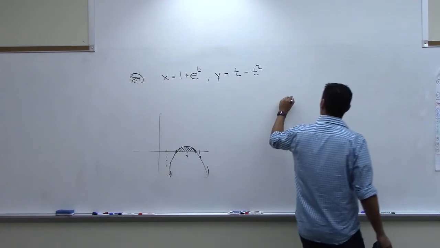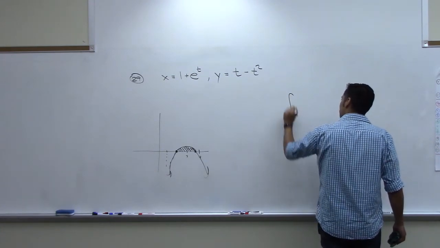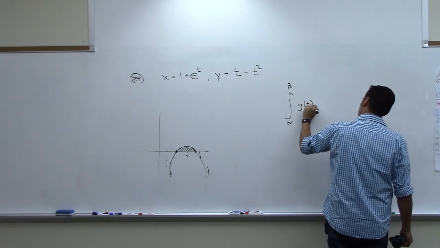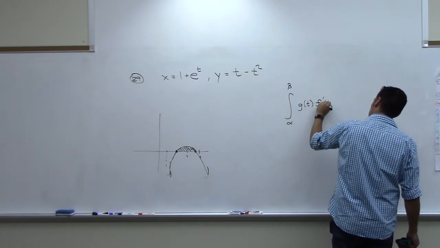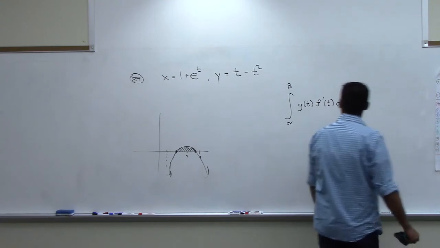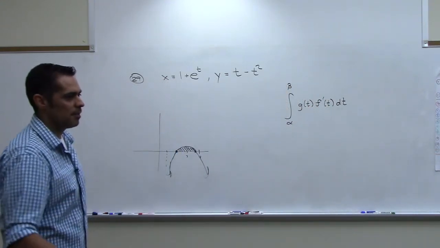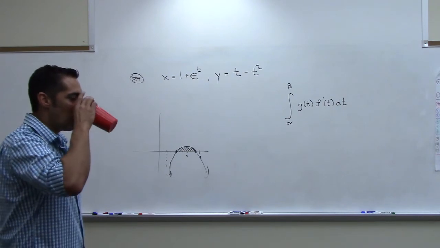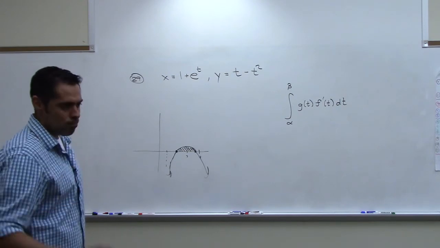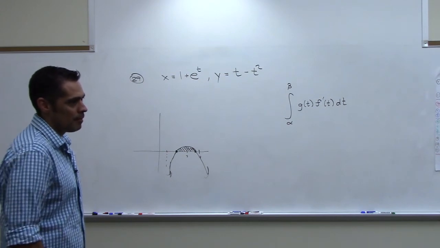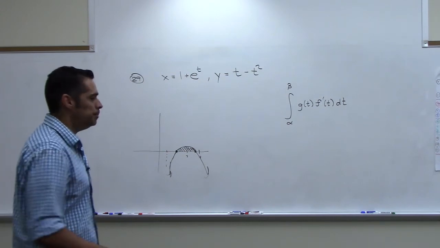Integral from alpha to beta of g of t, f prime t, dt. And that's it right there. This should be 9-2. Yes. See it there?